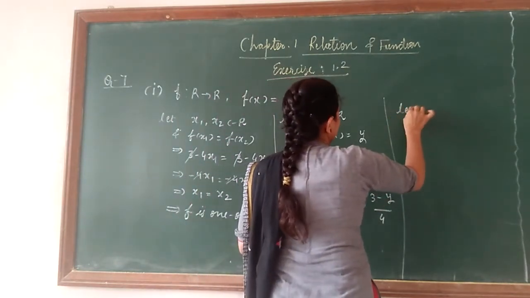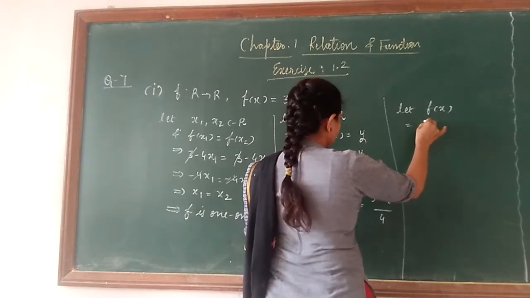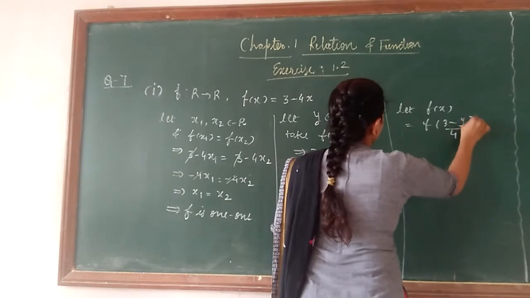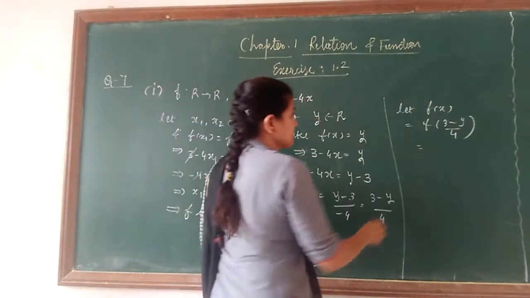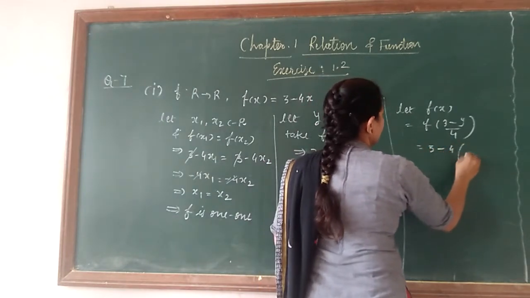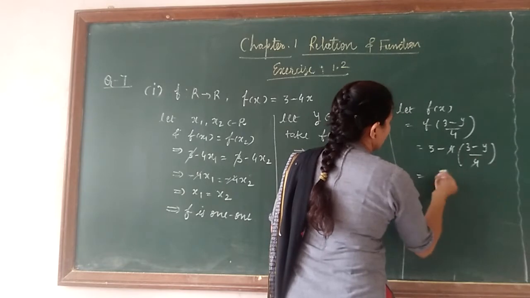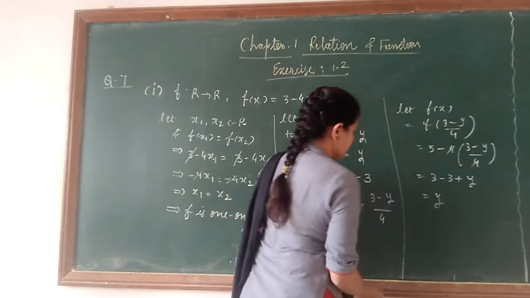So f of x is f of 3 minus y by 4. Now what is the function defined? 3 minus 4x. So this is 3 minus 4 into 3 minus y by 4. The 4 cancels, so 3 minus 3 plus y, that is equal to y.